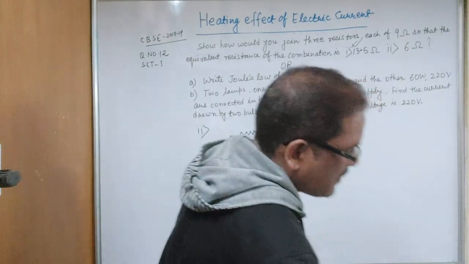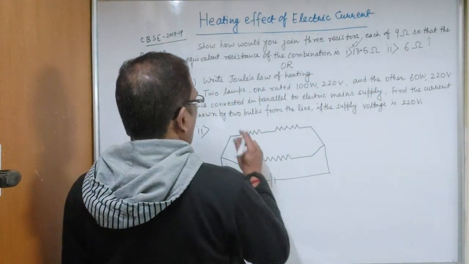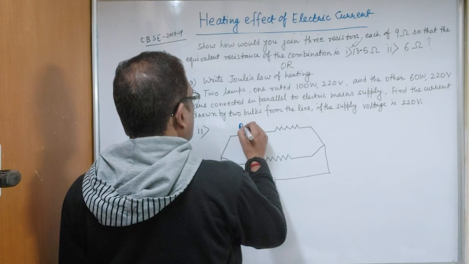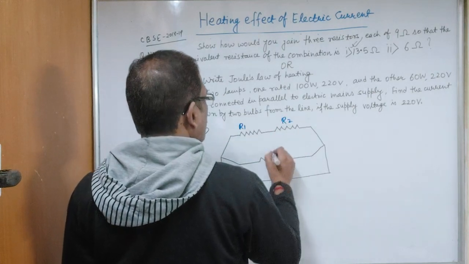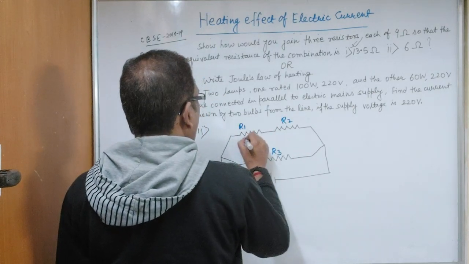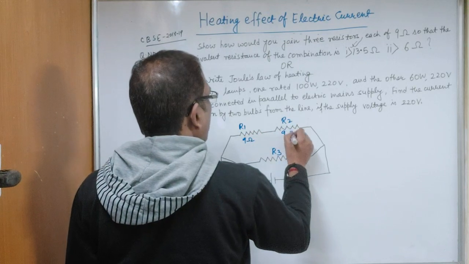And as it is given in the question, all are of 9 ohm. Suppose this is R1, this is R2 and this is R3. All are of 9 ohm.